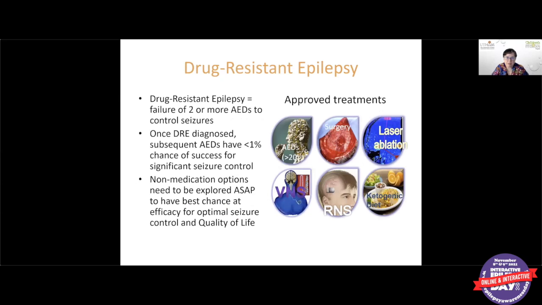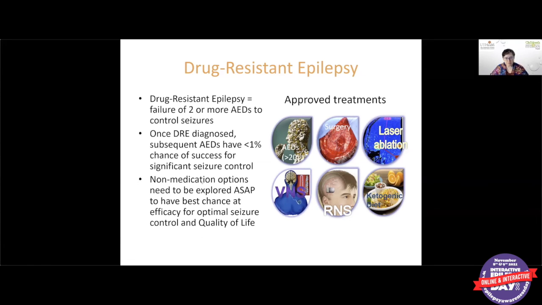So the types of treatments that are available for people who are in that third of the population of epilepsy patients who don't respond well to medications are several. We have several different treatments that aren't medications that can be used in people who don't respond well to medicines. And really the point of further evaluation, in either what we call the epilepsy monitoring unit or further testing, usually in the hospital, is to see which of these options for treatment are going to be best for that particular patient.